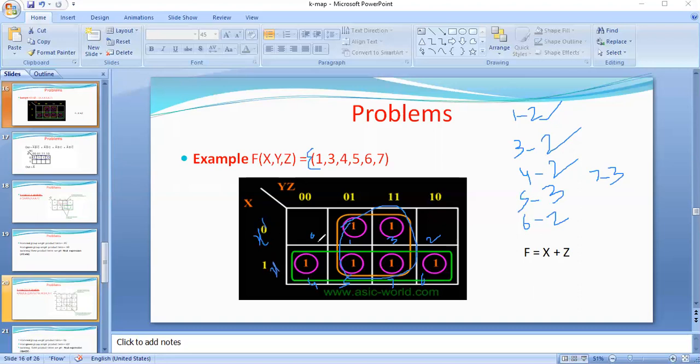There is no common term horizontally, but here we have y bar z and y z. What is the common term here? Z. So in this group, what are the min terms involved? 1, 3, 5, 7.